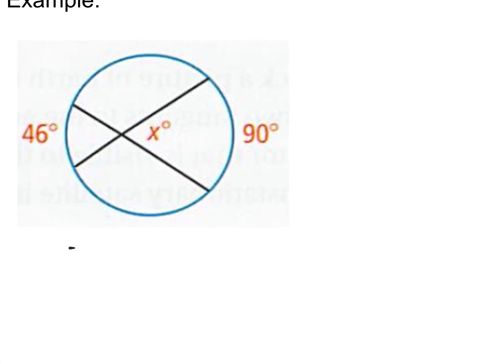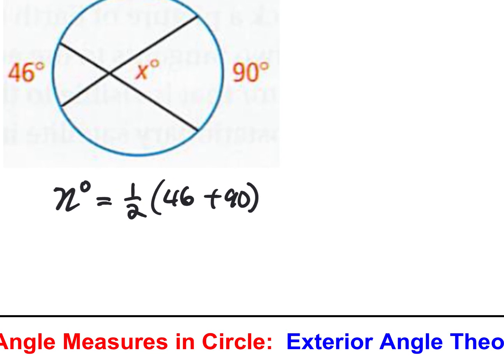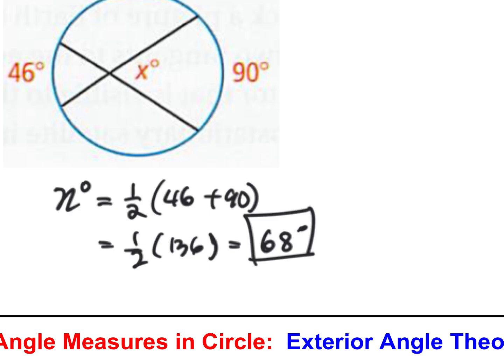Let's find the interior angle here, which is labeled x degrees, equal to 1/2 of the sum of the intercepted arcs 46 plus 90. So 46 plus 90 is going to give you 136. 1/2 of 136 is equal to 68 degrees. Okay, so this is 68 degrees.